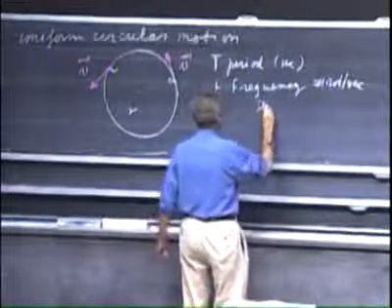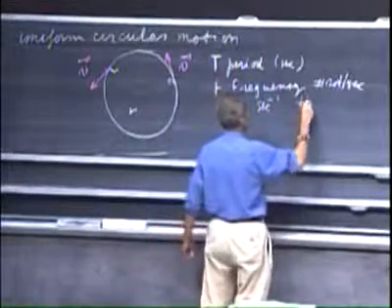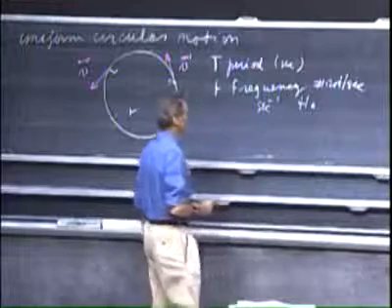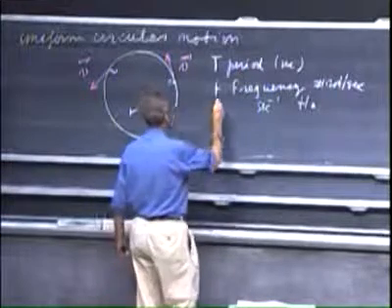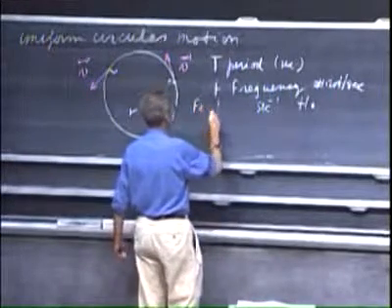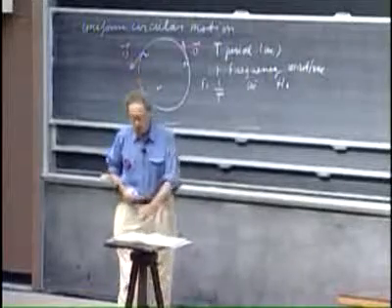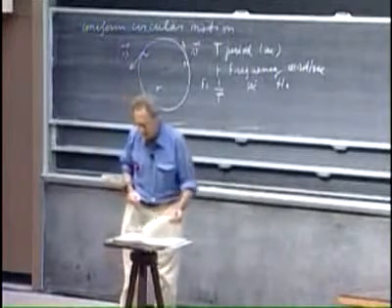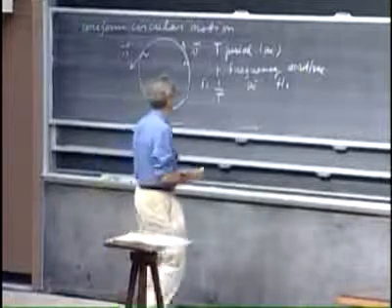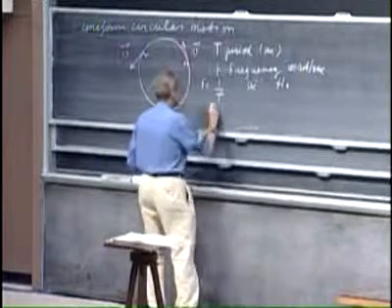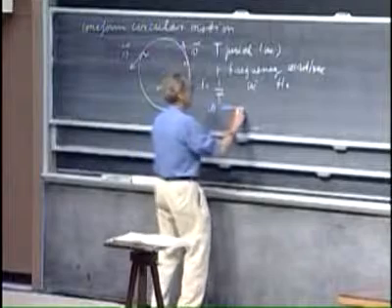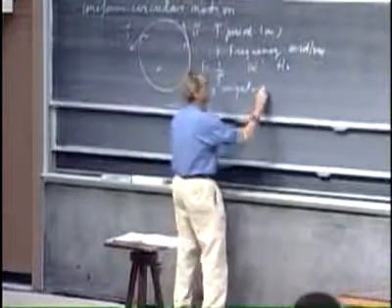And so the units are either second minus 1, or, as most physicists would call it, hertz. And so frequency is 1 divided by T. We also introduce angular velocity, omega.